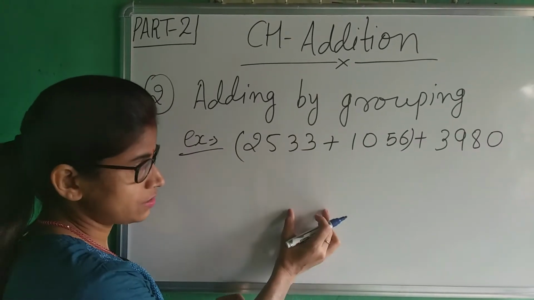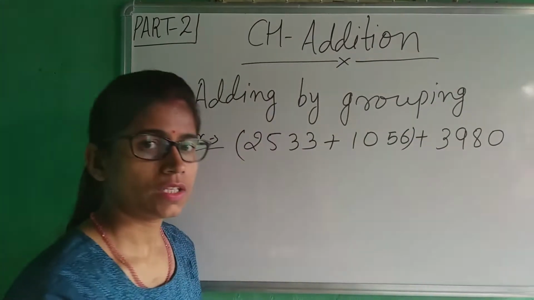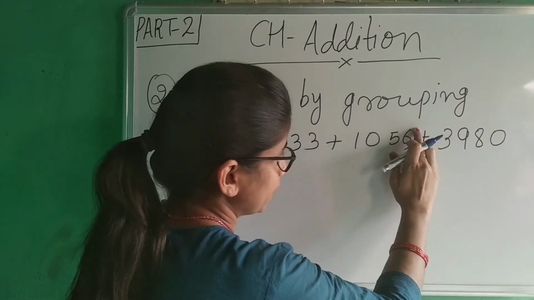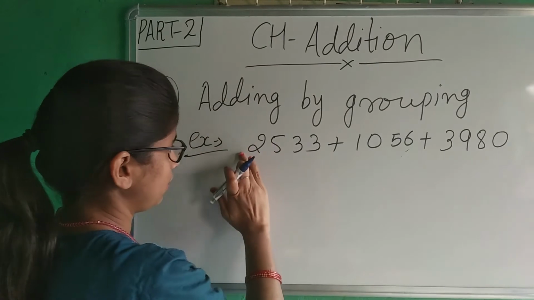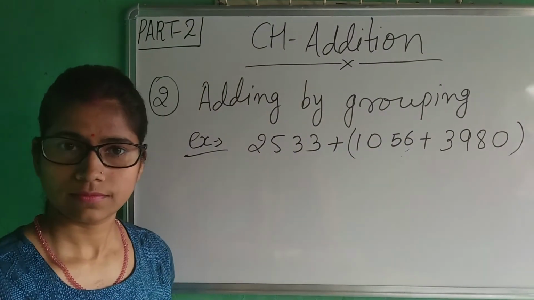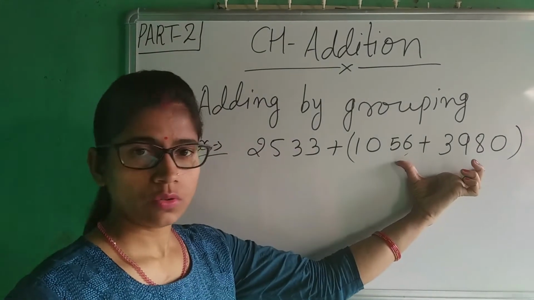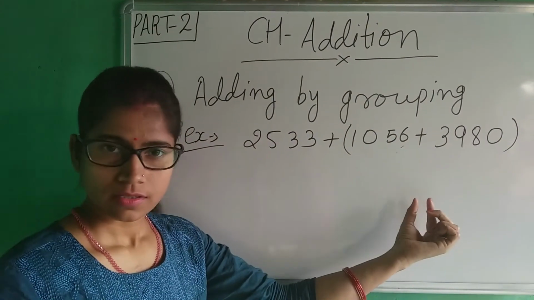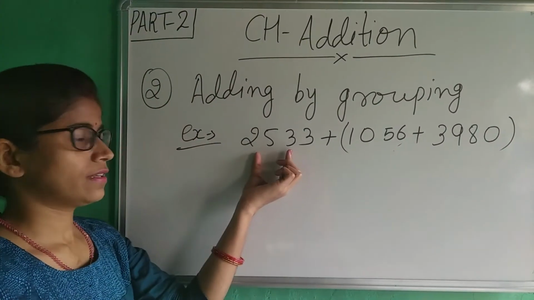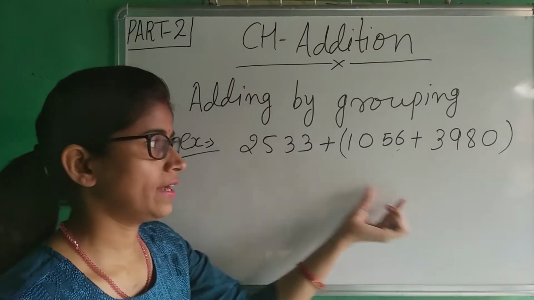After that, you will add the remaining number to the answer. Or you can do it another way. You can group the second number and third number, add these two numbers, get some answer, and after that add the first number to get the final answer.